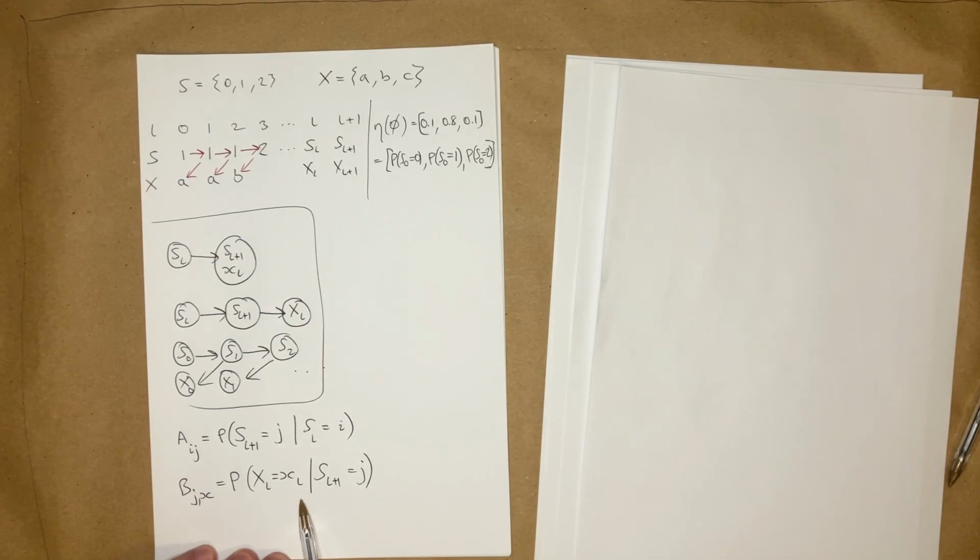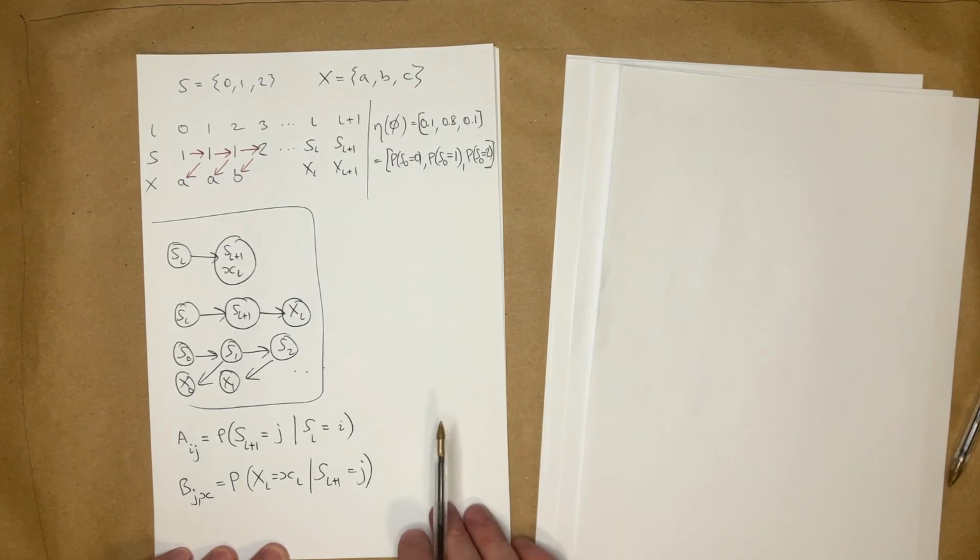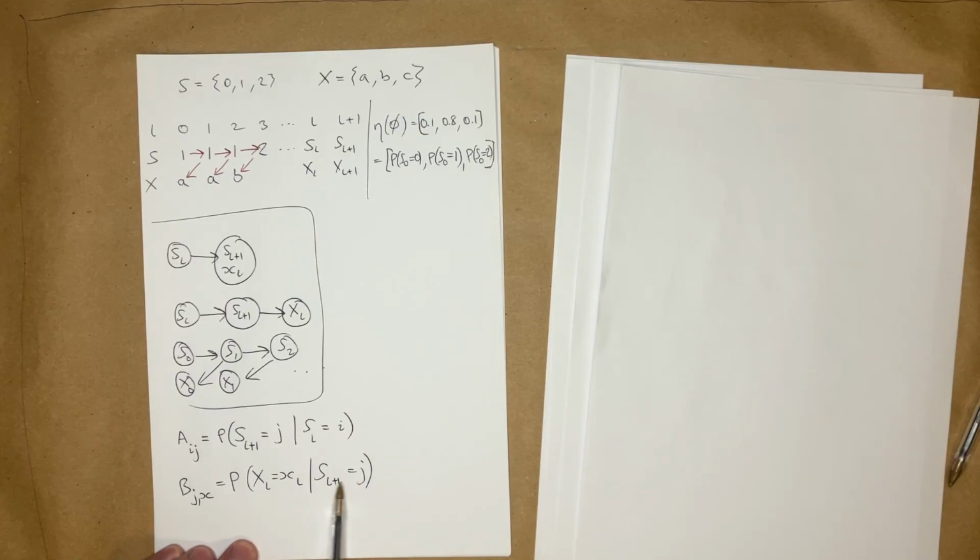Essentially, this is revealing the probability of getting a particular token at step L given the hidden state subsequently. So it's essentially saying the extent to which the hidden state reveals itself by virtue of the token it emits. That's how I think about it.